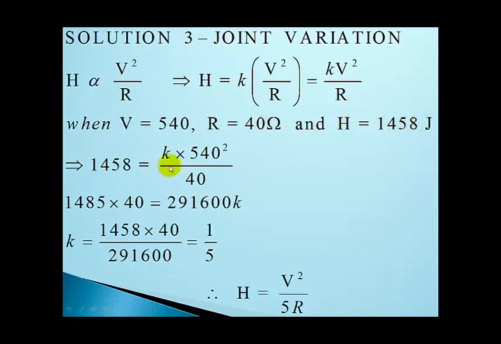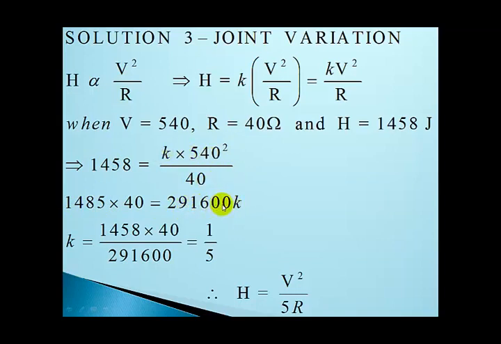And in doing that, we have 1458 is equal to K times 540 squared divided by 40. Now we cross multiply. So 40 multiplies 1458. So we have 1458 times 40 on the left hand side is equal to 540 squared, which is 291600, times K.